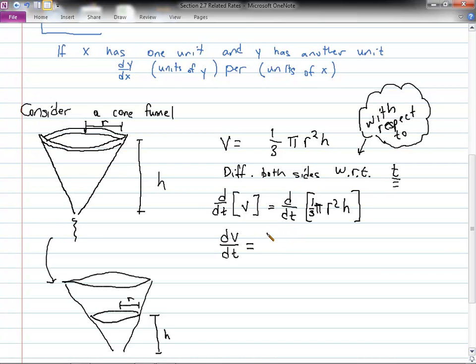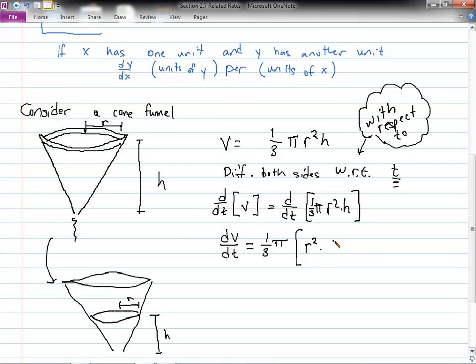All right, now 1/3 pi is a constant, so it stays out front. Now let's take the derivative of this. Now r depends on t, h depends on t, so this is a product of two functions that depend on t, which means I have to use the product rule, right? What's the product rule? First times the derivative of the second.